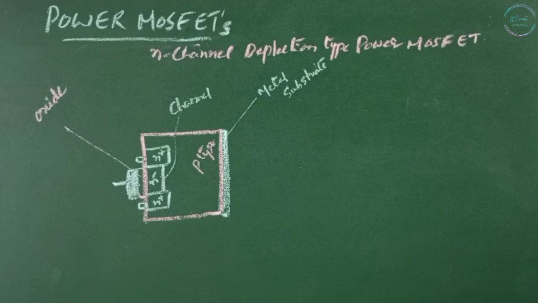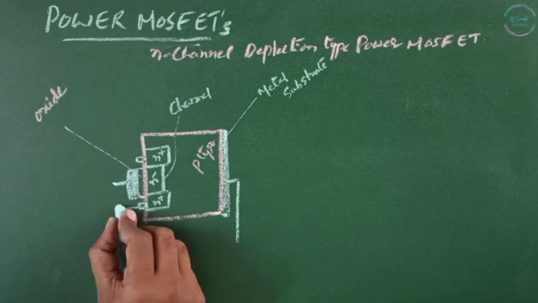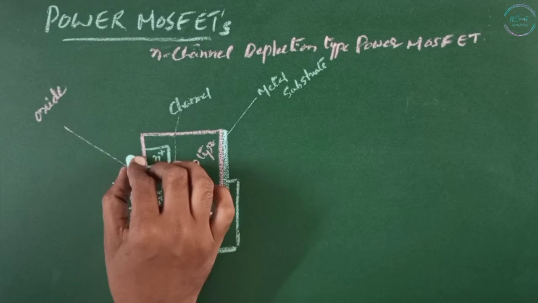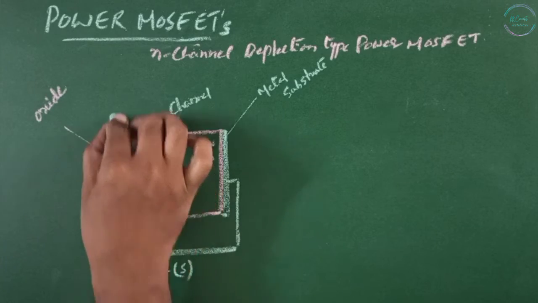That is the metal contact. MOSFETs have three terminals, namely the source, gate, and drain. The substrate is normally connected to the source terminal. This is the drain terminal.